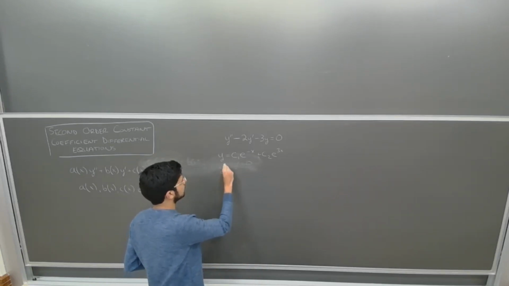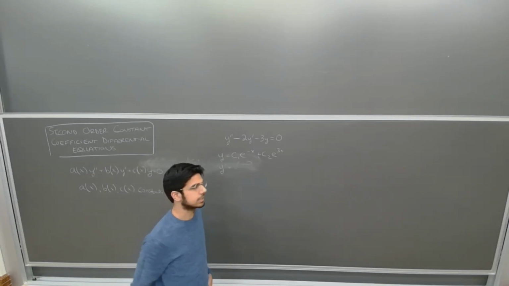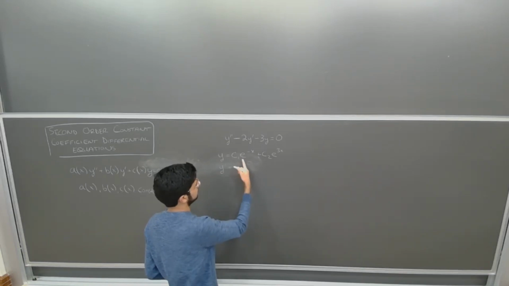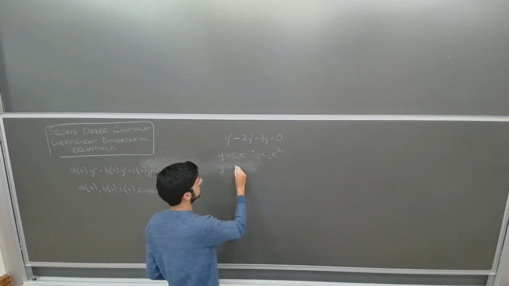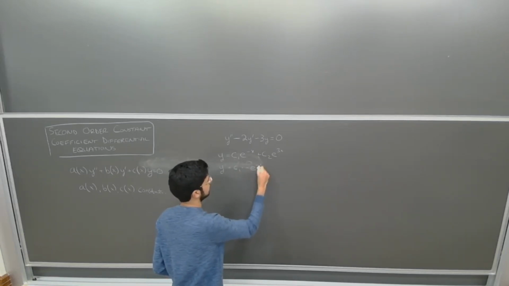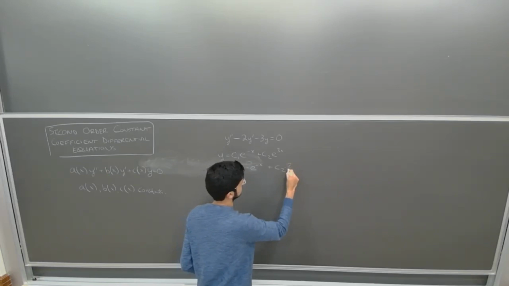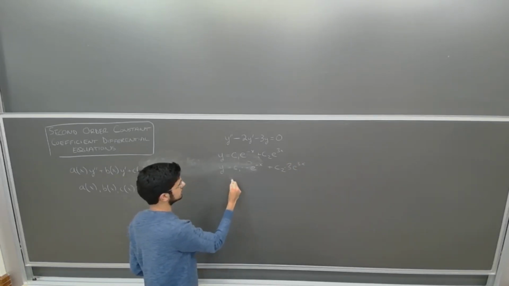So to get y prime, we'll take the derivative of this equation with respect to x. And we see that this will be c1, and then you take the derivative of this, which will require the chain rule. So it's going to be c1 times negative e to the negative x. And then we add on to the c2, and once again the chain rule, which is times 3e to the 3x. And I'll just rewrite it so it looks a little bit better.